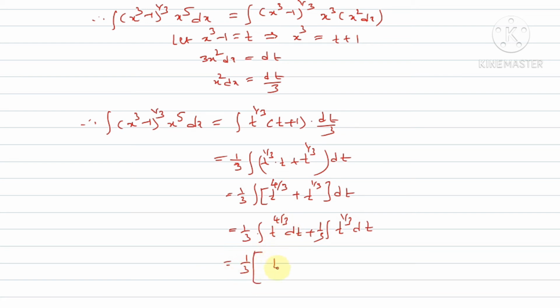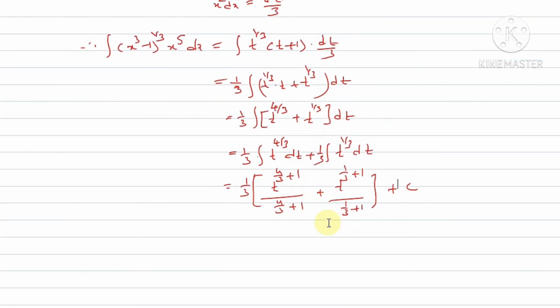Now this integration is t power 4 by 3 plus 1 upon 4 by 3 plus 1, plus t power 1 by 3 plus 1 upon 1 by 3 plus 1, plus c, because of the x power n integration formula. This gives t power 4 by 3 plus 1, which is 7 by 3, upon 7 by 3, plus t power 1 by 3 plus 1, which is 4 by 3, upon 4 by 3, plus c.